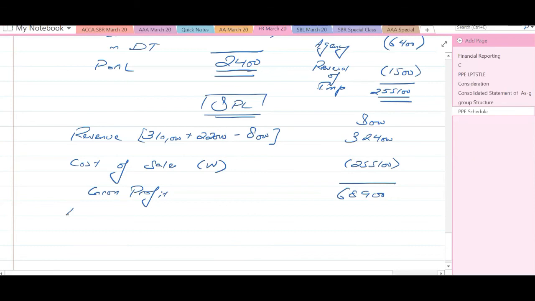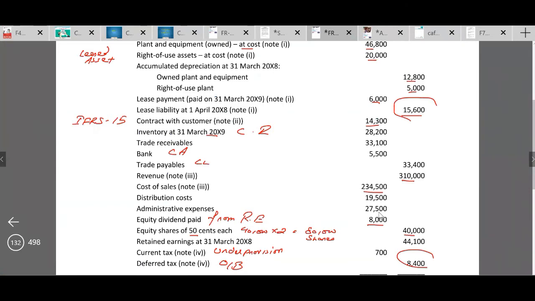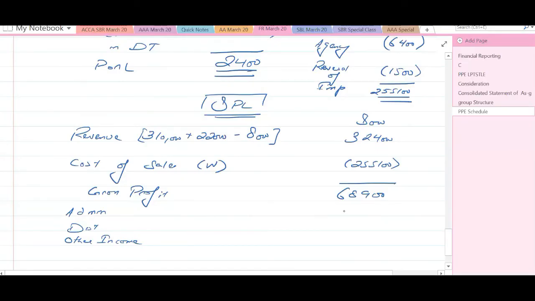Then you have administration, distribution, and other income. So administration, directly go to the trial balance and see: 27,500, and distribution is 19,500. Other income was 8,000 at 20%, 1,600.